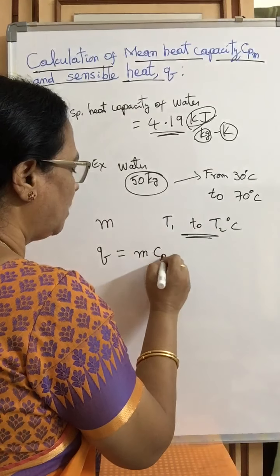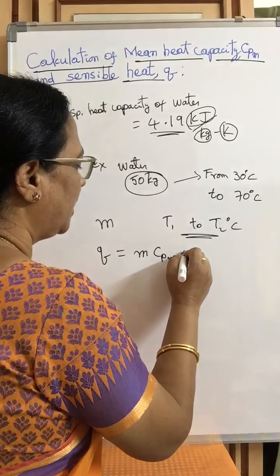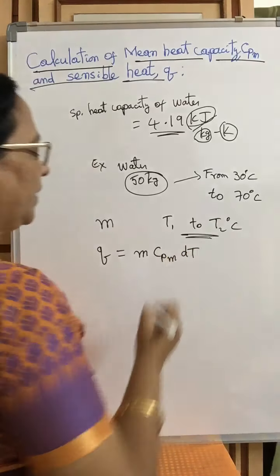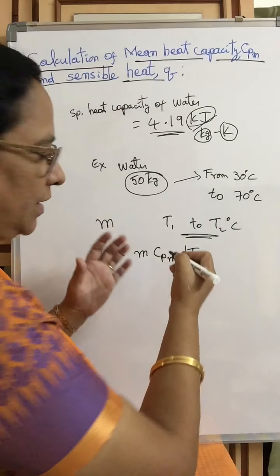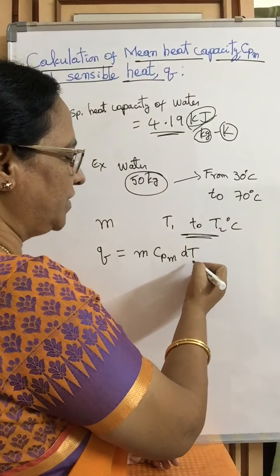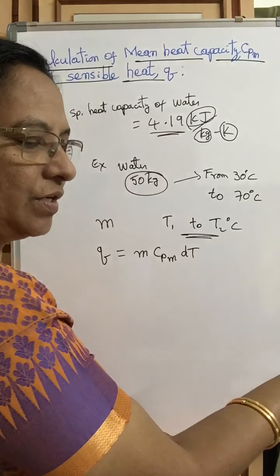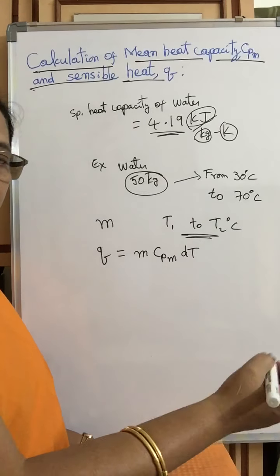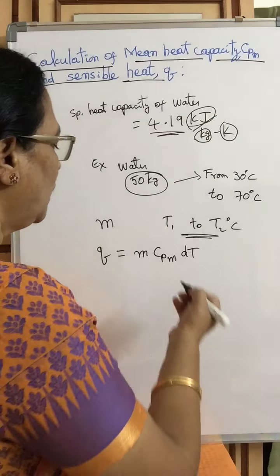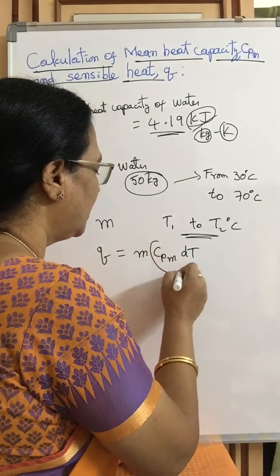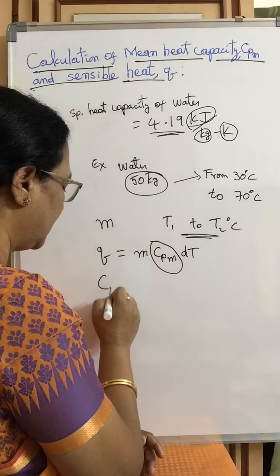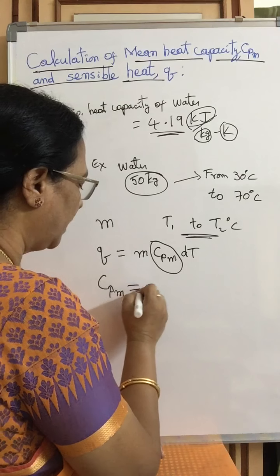Then Q is equal to m Cp dT. I already explained this in the first class. What is dT? T2 minus T1 or T1 minus T2, depending upon heating or cooling. So this is the mean heat capacity, Cpm.